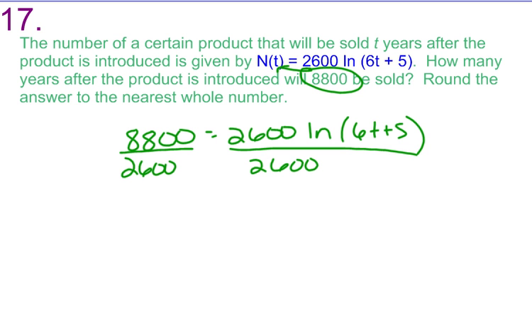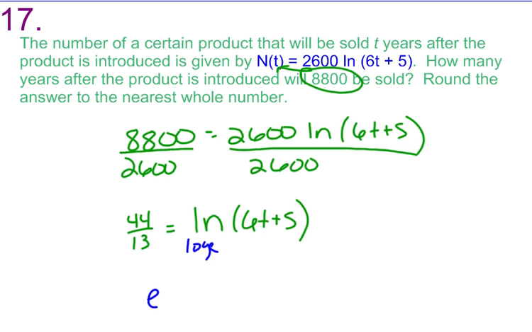I then have 44/13 if you reduce it to a fraction, equals the natural log of 6t plus 5. I can't plug in the natural log of 6t plus 5 because I have a variable, right? So remember, this natural log is log base e. So I really have e to the 44/13 equals 6t plus 5.